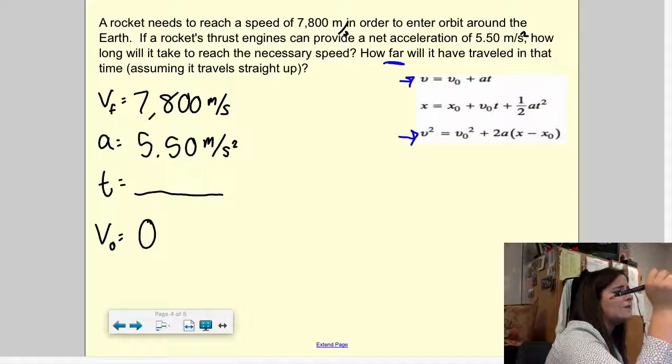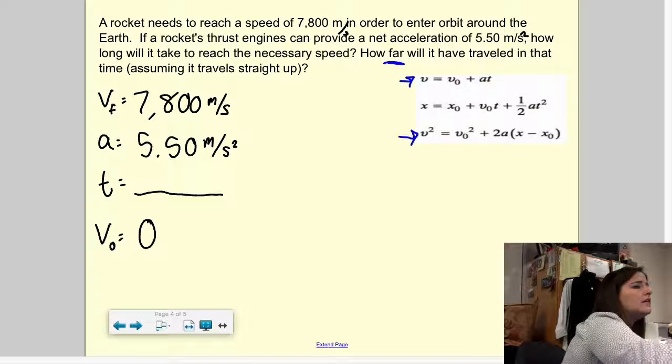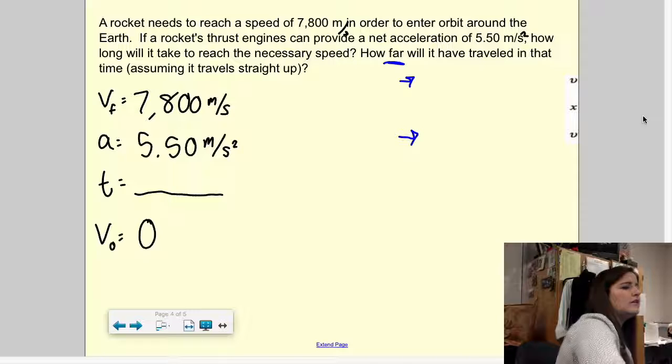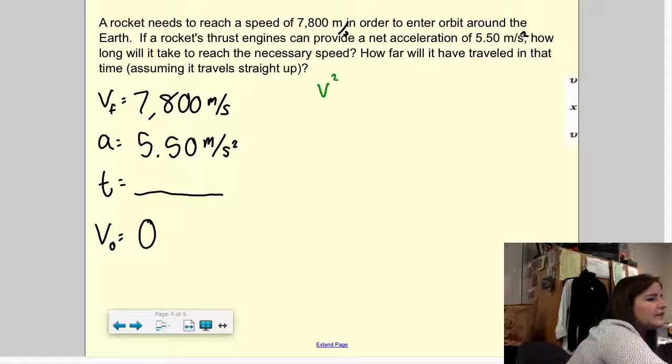I'm going to go ahead and do that part first just to show you how it works because we haven't used that equation yet. That one is v squared equals v initial squared plus 2 times your acceleration times delta x.